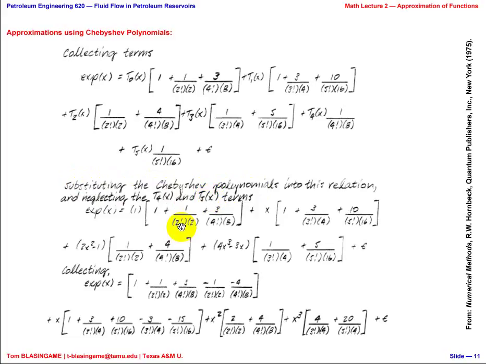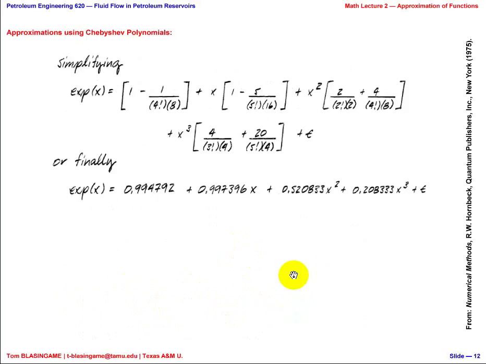And whenever I substitute in these terms, T0 is 1, T1 is x, T2 is 2x squared minus 1, and then T3 is going to be 4x cubed minus 3x. We work out the resulting algebra from that. Apologies for going a little fast here. And this is the final number.